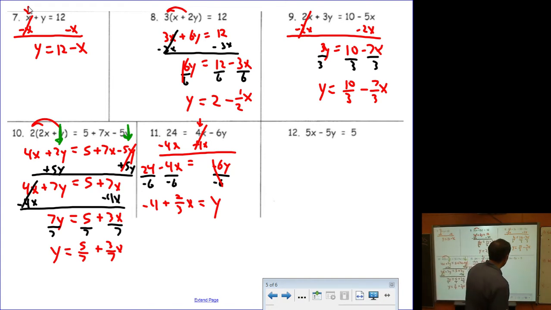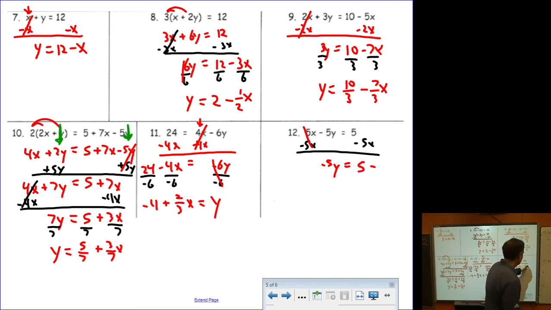In problem 12, again, I first want to get rid of the x term so the negative 5y can be by itself. I would do that by subtracting 5x from both sides. That's going to give me negative 5y equals 5 minus 5x.